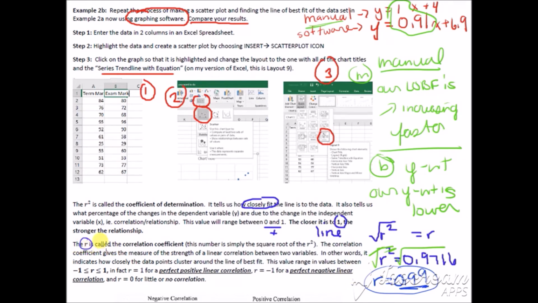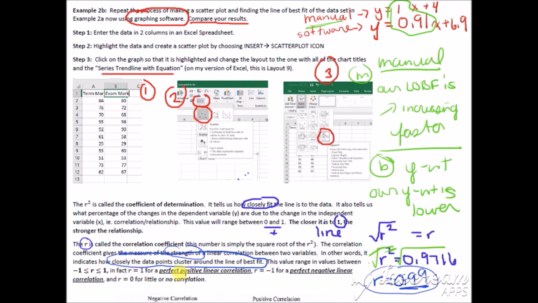So if we read this, this is called the correlation coefficient. The correlation coefficient gives the measure of the strength of the linear correlation between the two variables. In other words, it indicates how closely the data points cluster around the line of best fit. This value ranges between -1 and 1.